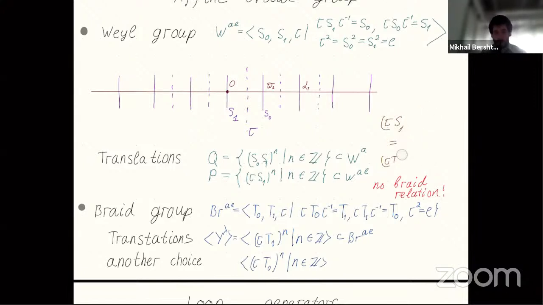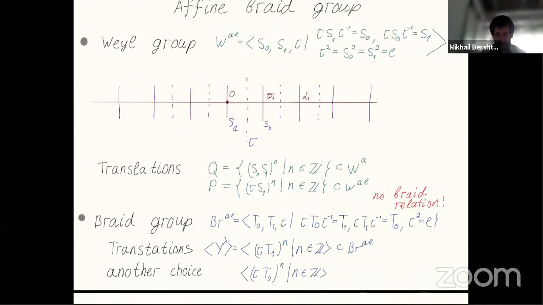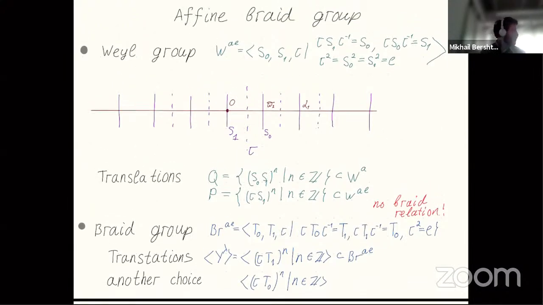Questions? The good thing about SL2 is that the translation group is generated by one element, so we don't have to check any commutativity. This group is commutative.